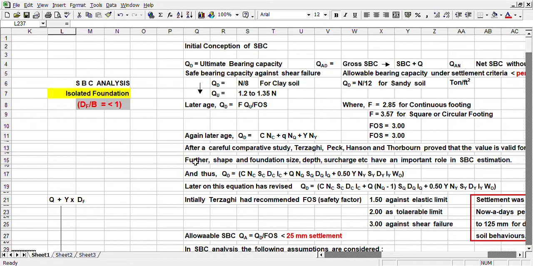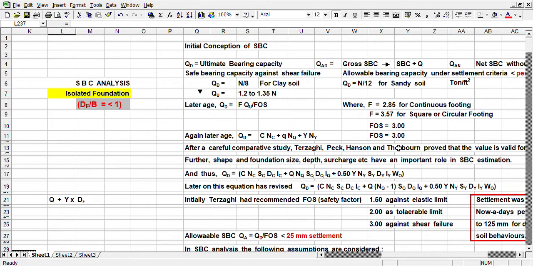After careful observation, Terzaghi himself mentioned that this equation is valid for foundation at ground. No one puts foundation at ground except the road pavement.